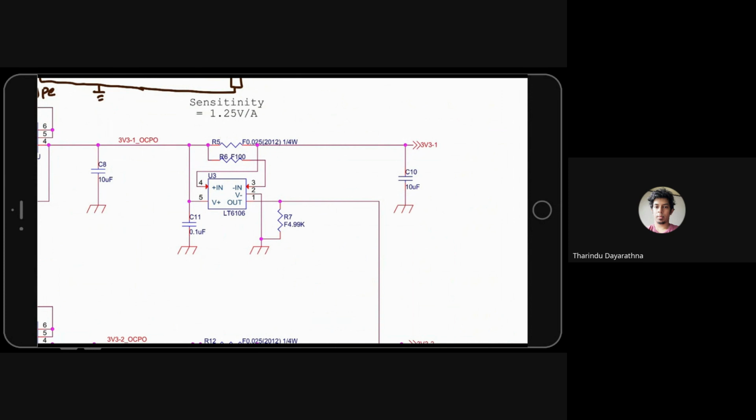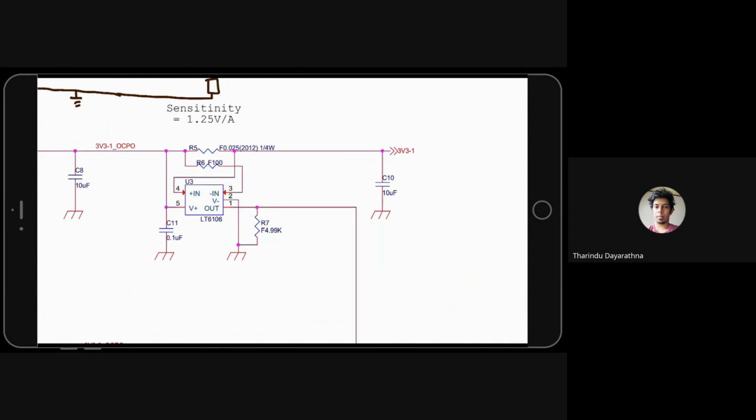The data sheet has provided the equation. This is the LT6106. The equation is this one: if the current is I and this shunt resistor is Rs, this is V out.